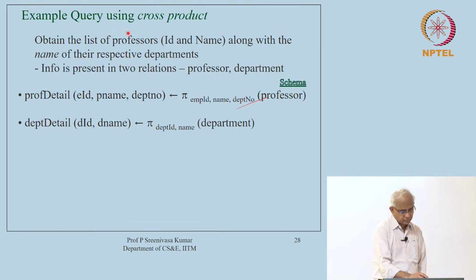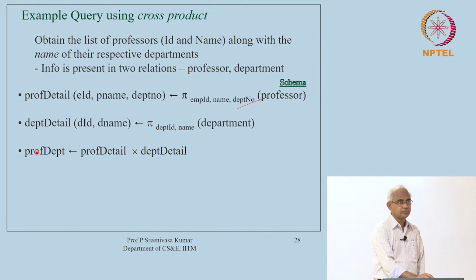Now that we have the relevant information from both professor and department, we can combine them and produce a new relation called prof department using the cross product.